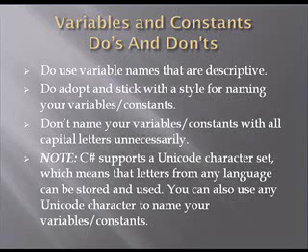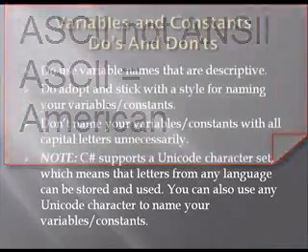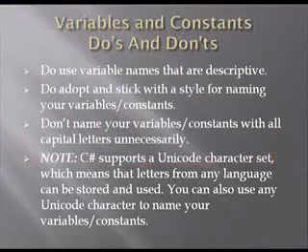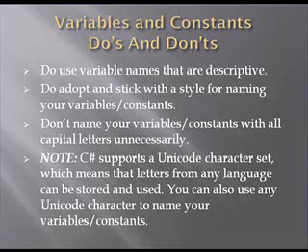And another note, C# supports a Unicode character set, which means that letters from any language can be stored and used. You can also use any Unicode character to name your variables and constants. In C and C++, that's not true because it only accepts ANSI. That only covers basic English, and unless you use code pages, other characters. But that's way too advanced and we don't have to worry about them.